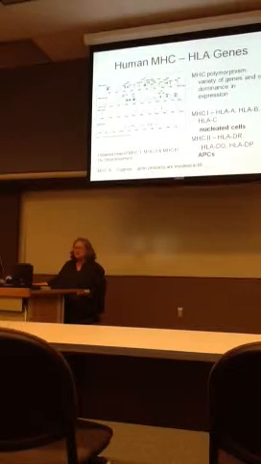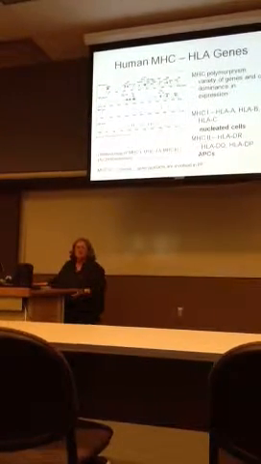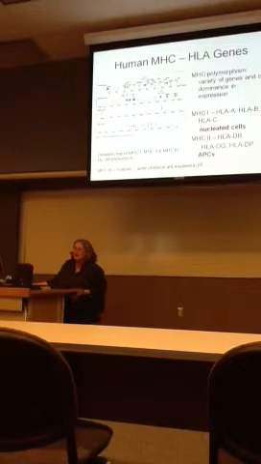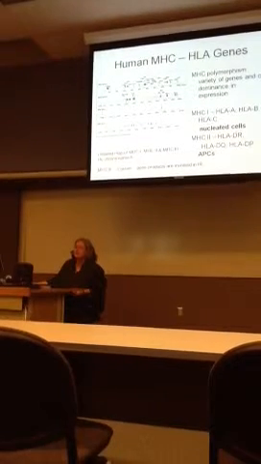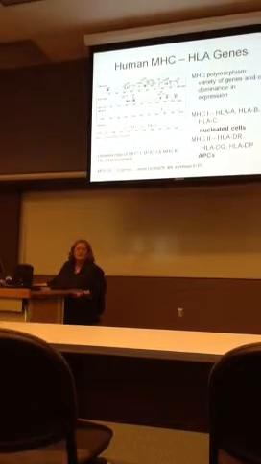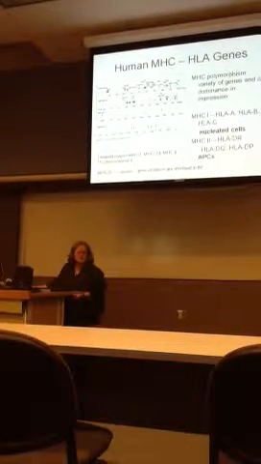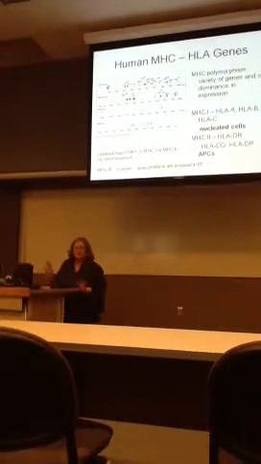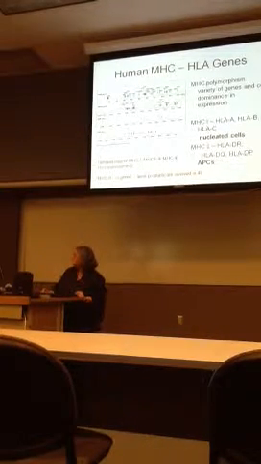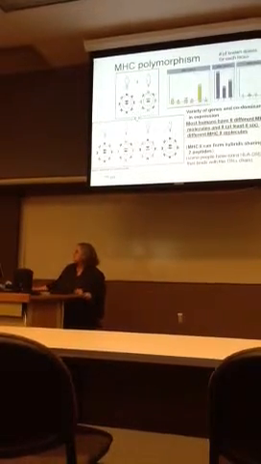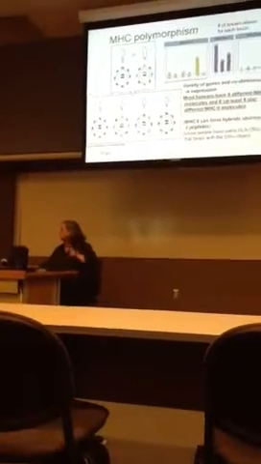And there's just a hodgepodge of different proteins that are coded for in that complex. There's separate genes for different proteins that are involved in the immune response. Okay, so let's concentrate on the MHC1 and 2. Polymorphism, okay, reiterating this.